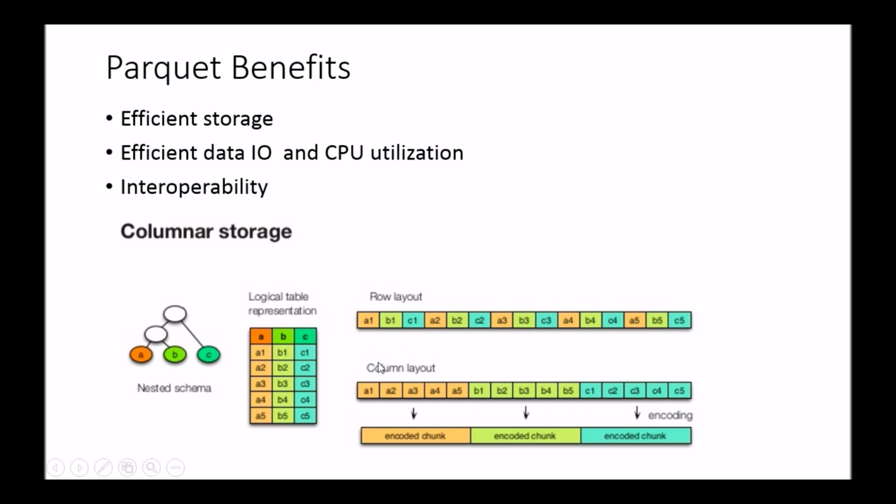It's exactly the same data set, but with a columnar storage format, it stores the first column, so you can see A1 through A5, the values of that column are stored first, and then the second column data, and then finally the third column data. At first glance, this might seem like that doesn't sound right. But there are actually a lot of optimizations by storing it in this format.